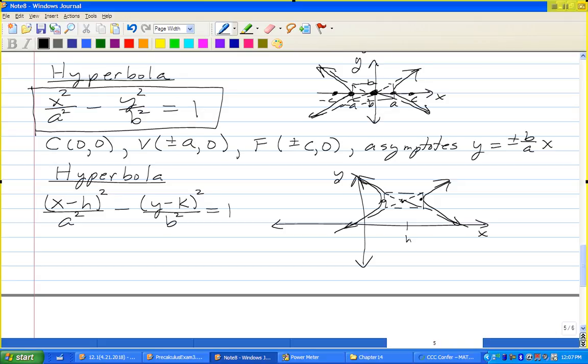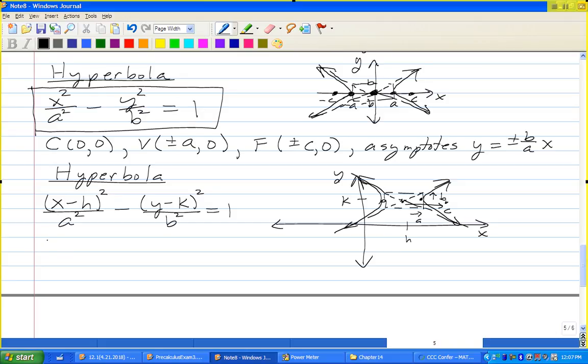So this is (h, k), then this distance here is a, this distance here b, and the distance here to the focus c.